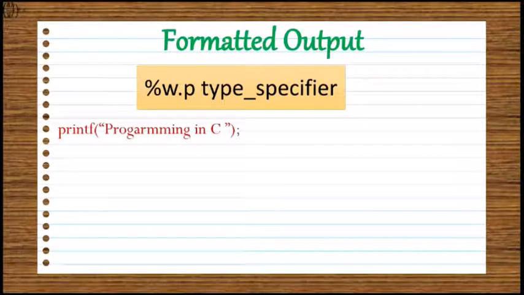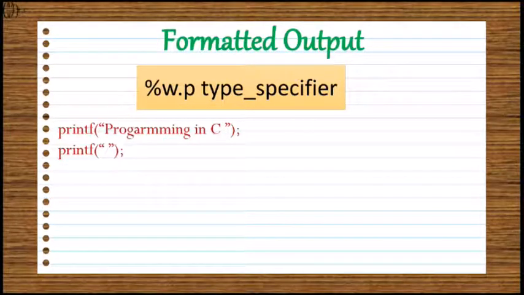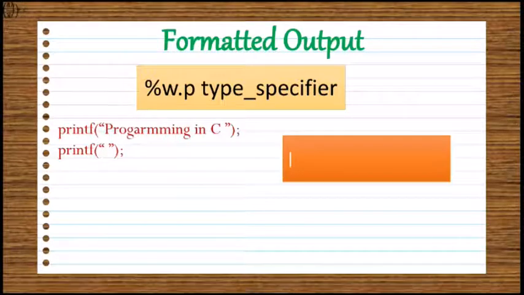The first one is printf, and in the printf statement we have written the message programming in C. The output will be the message displayed on the output screen, programming in C. Next example, printf, and in printf there is nothing, so basically it will not print anything on the output screen.